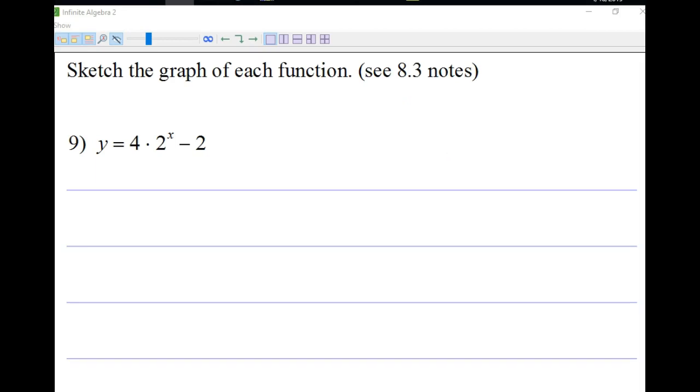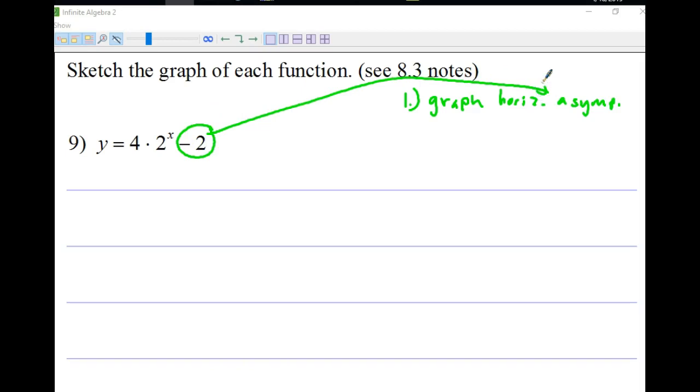All right, so the first thing we're going to do to graph these is we're going to graph the horizontal asymptote. That would be this number, negative 2. Okay, next we're going to find the y-intercept. That is found by plugging in 0 for x.